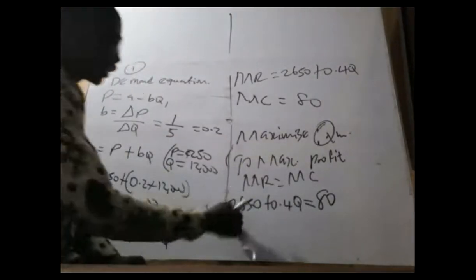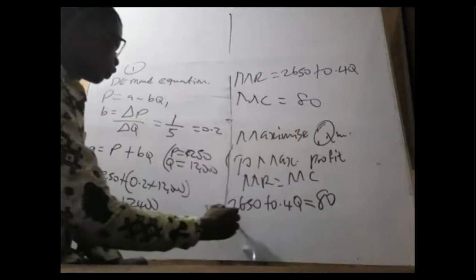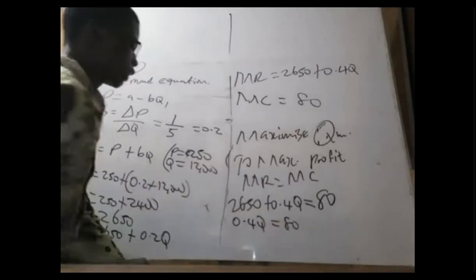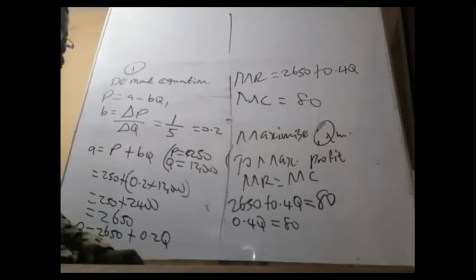So this one has to move there, right? So we get 0.4Q is equal to 80.